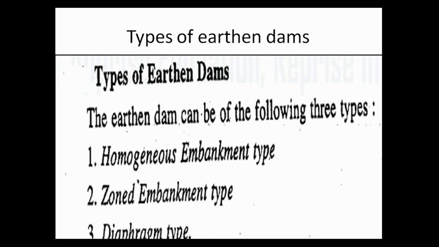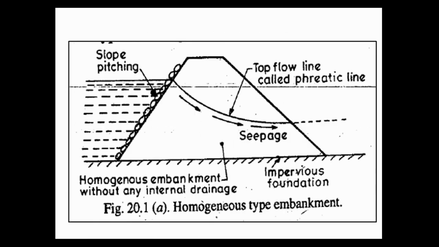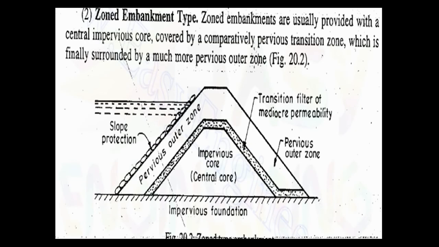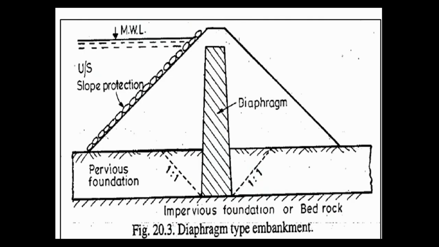The central zone is called the central core, that part is normally impervious, so water will not seep through it. The third one is the diaphragm type dam. In this case the central part is also impervious, but the height of that diaphragm is normally less than 10 meters. So this is the zoned type of embankment, where we are providing an impervious core. And this is the diaphragm type, which is also impervious, but the height of the diaphragm is less than 10 meters.